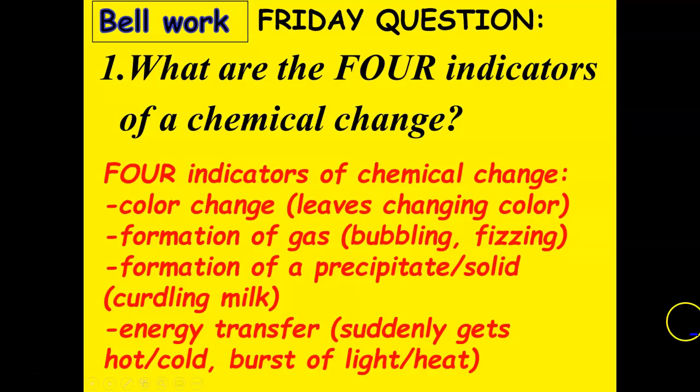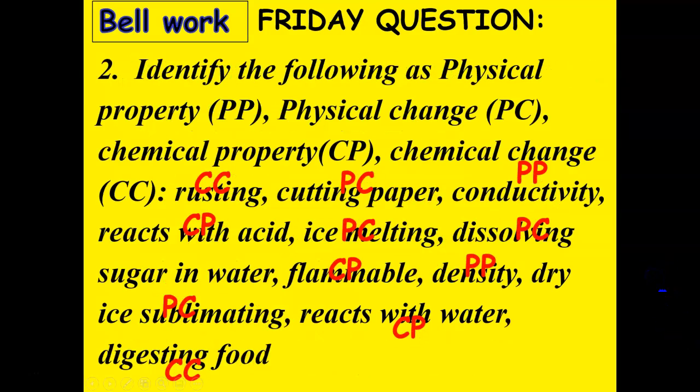All right, so now you have to be able to identify if it's a physical property, chemical property, physical change, or chemical change. Again, when you have a change, that means that you have one of the four indicators. If it's a physical change, that means it's just changing its look or the way it feels, or it's a phase change, it just doesn't make a new substance.